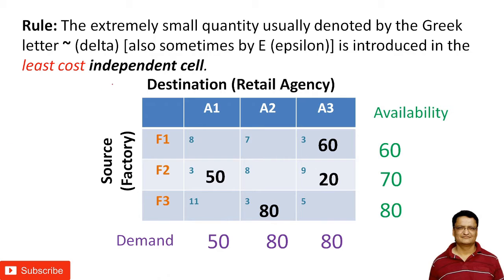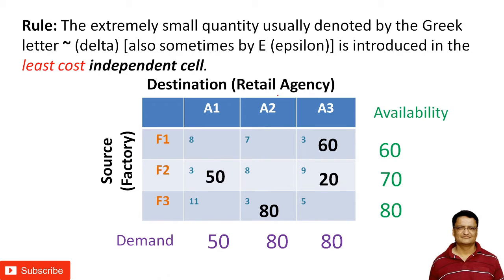So the rule is that an extremely small quantity, usually denoted by the Greek letter delta, or sometimes also called epsilon, is to be introduced in the least cost independent cell. So we have to make the number of occupied cells equal to m plus n minus 1.